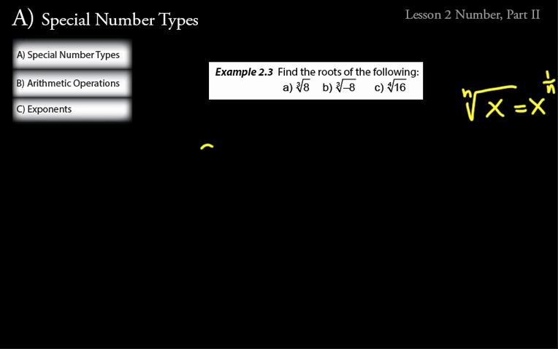So in A, what we're really saying there is 8 to the 1/3 power. What is 8 to the 1/3 power? When you see just a square root sign like the square root of x, that's x to the 1/2. It's understood that means x to the 1/2 power. But if there's a number in there, then it's to the 1/3, to the 1/4, just whichever.